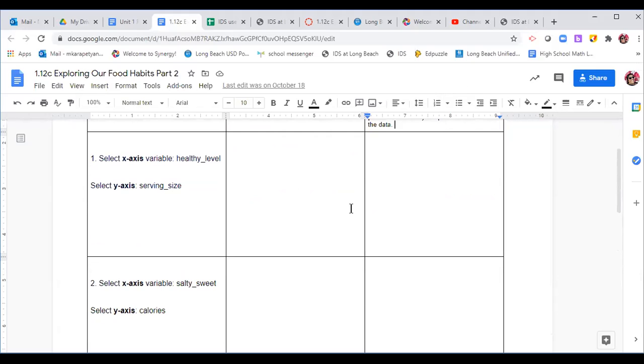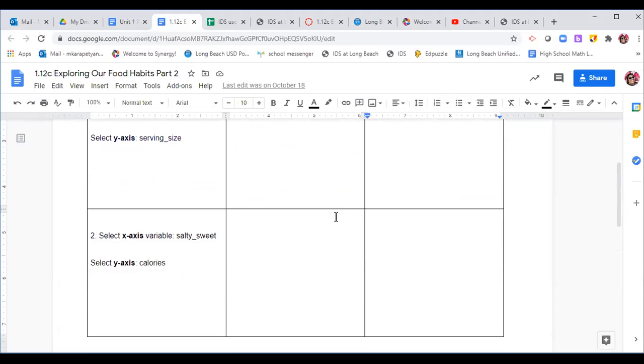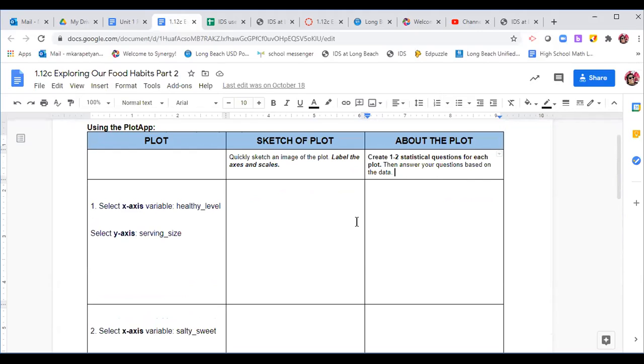That's true, it doesn't give us exact numbers, Dario, but it does give us maximums and minimums. And it does give us somewhat of an idea of how many are in each category.